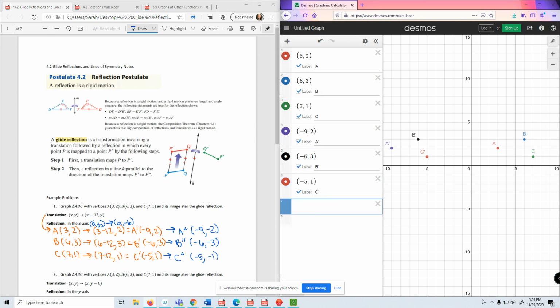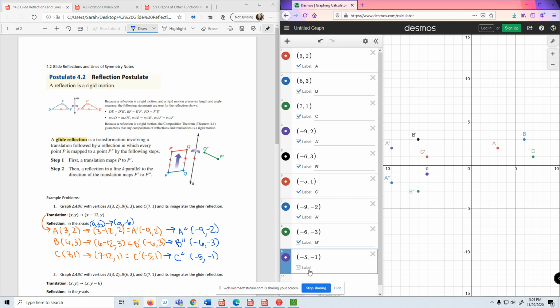So let's do our last bit of Desmosing here. We have (negative 9, negative 2), label your A double prime, (negative 6, negative 3) for B double prime, and (negative 5, negative 1) for C double prime.